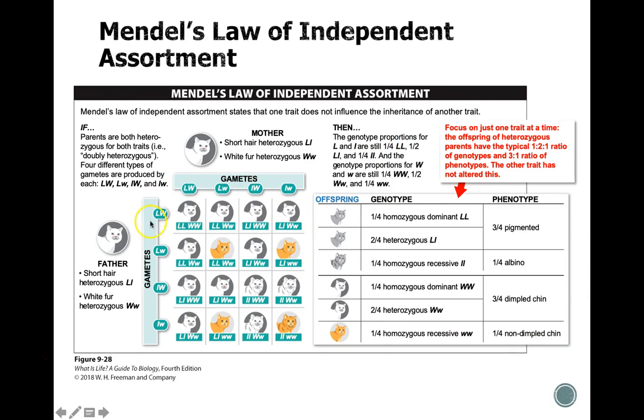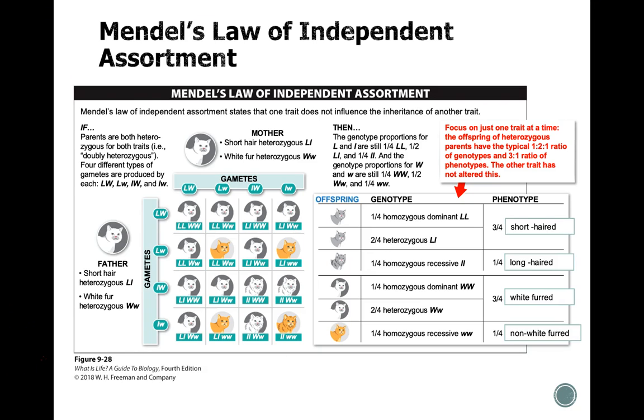Basically, what you would do with this chart is tally up, and you will see that there are 9 individuals that are white and short-haired, 3 individuals who are short-haired and yellow, 3 who are long-haired and white, and 1 who is long-haired and yellow.